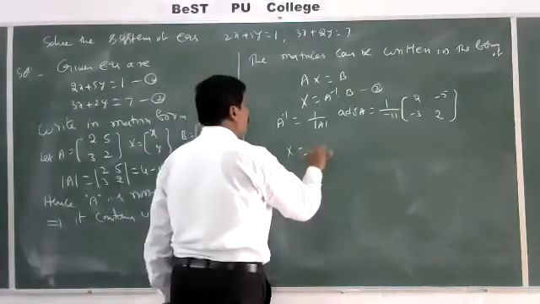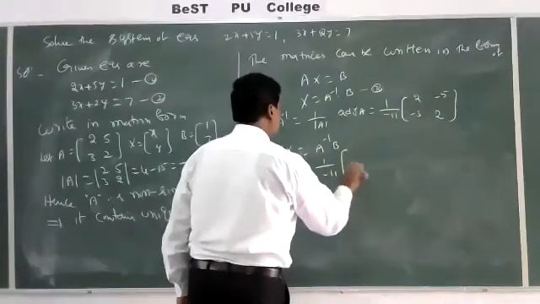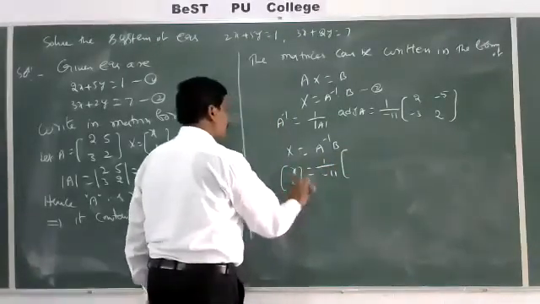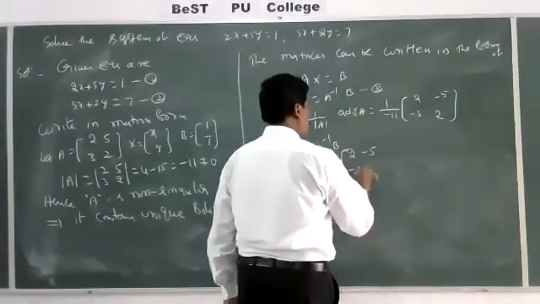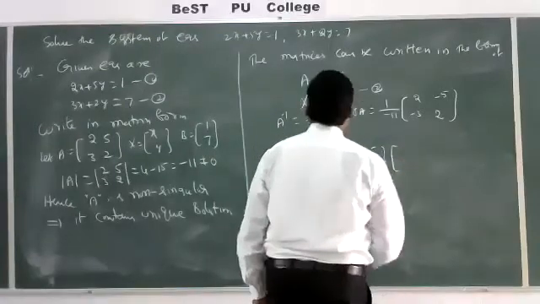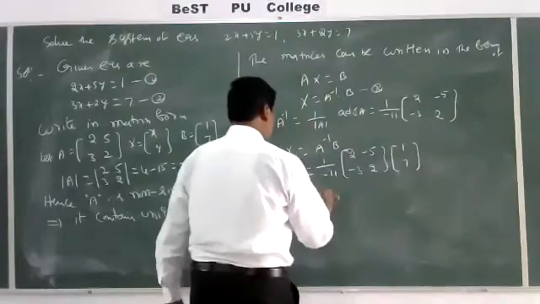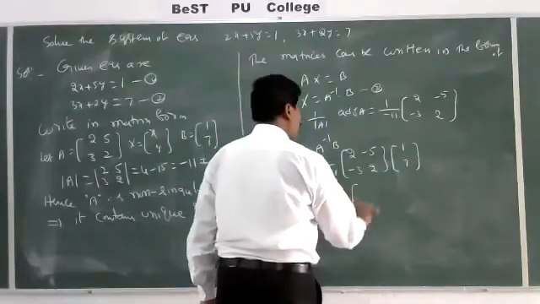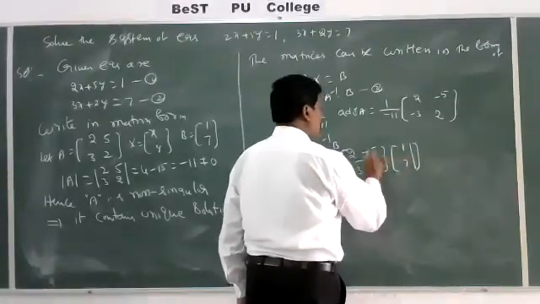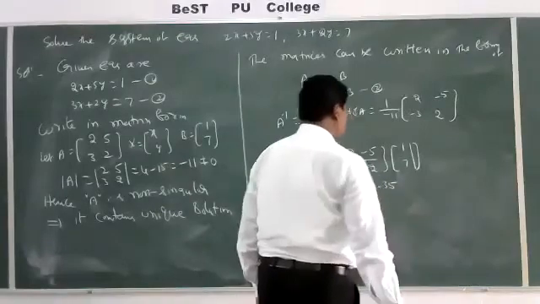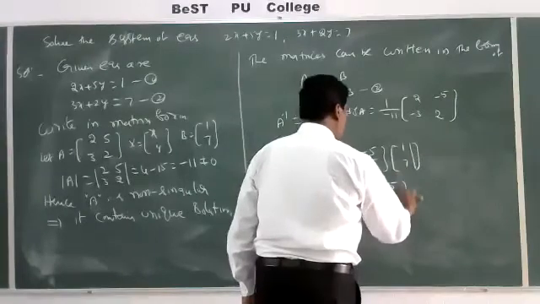Now X equal to A inverse into B. Here 1 by minus 11, X means x, y, A inverse 2 minus 5 minus 3 2 into B, 1 7. Then it is 1 by minus 11, multiplying row and column: 2 minus 35, minus 3 plus 14.